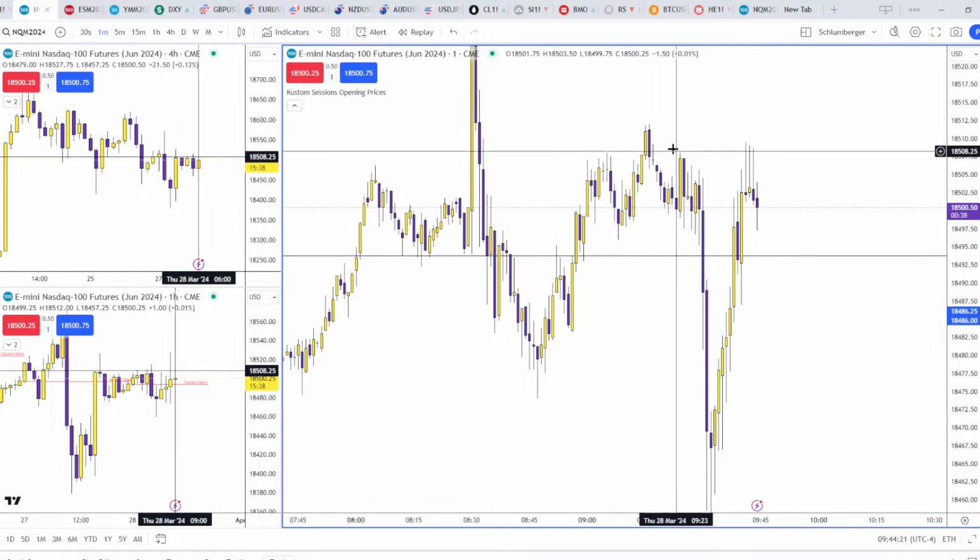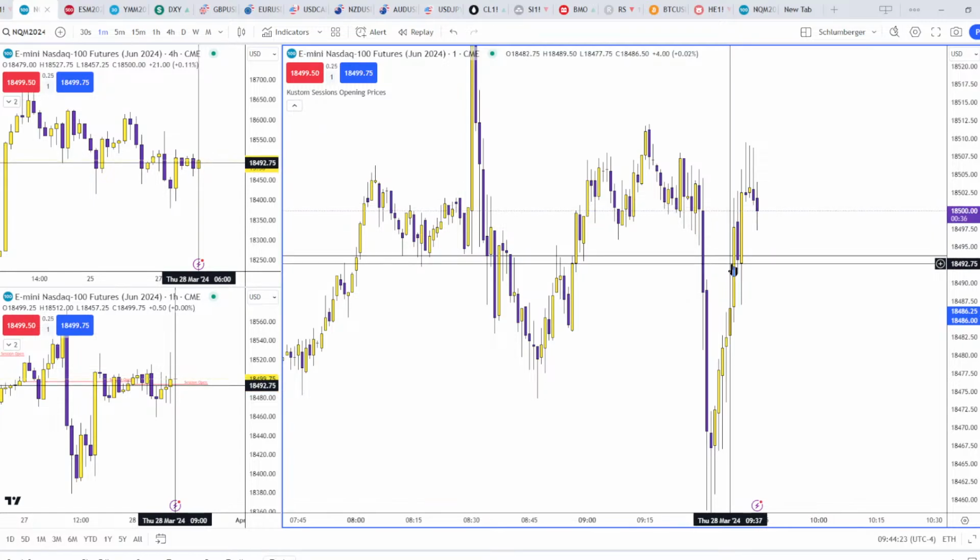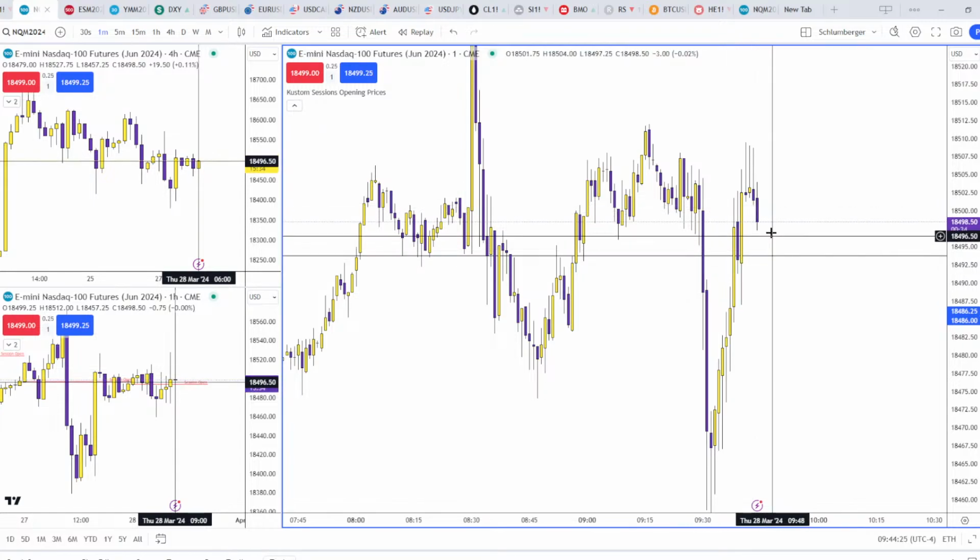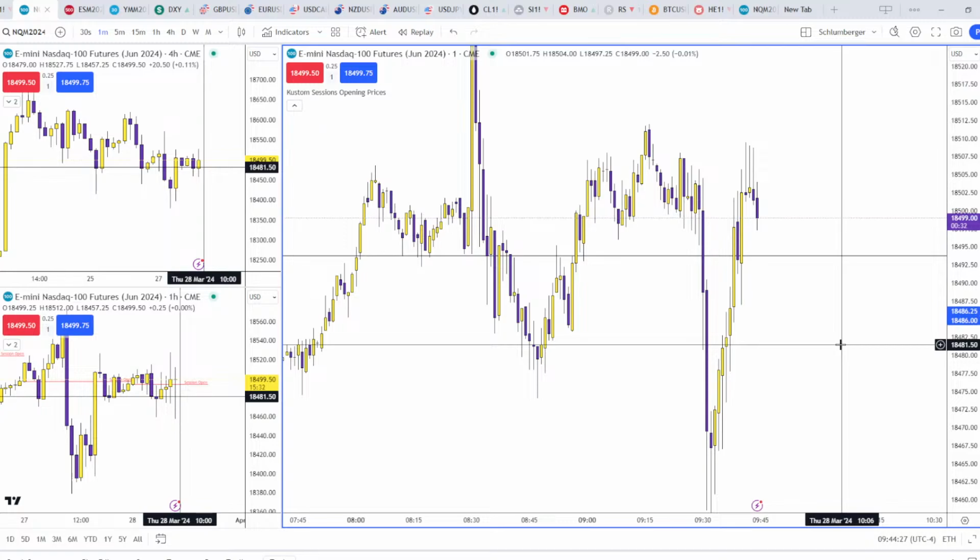Hence the reason we're running these highs out. Let's just wait and see what happens. Julian, I agree. Let price just do some developing here. Let it unfold.